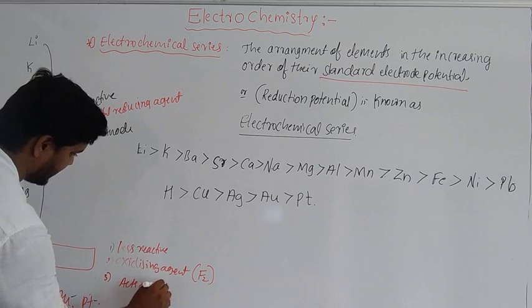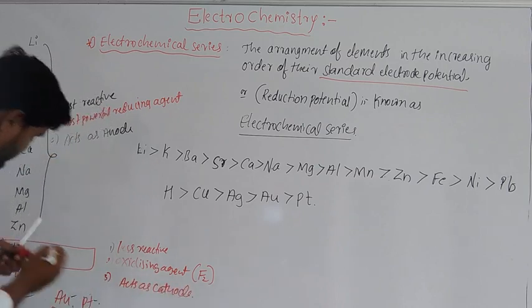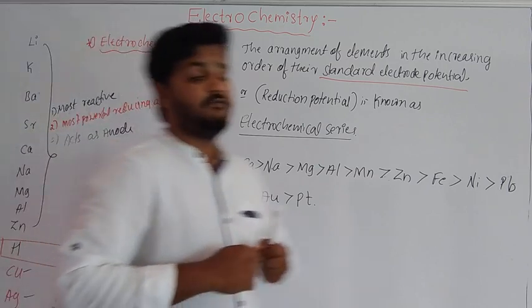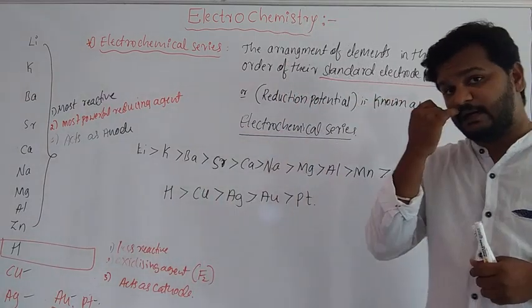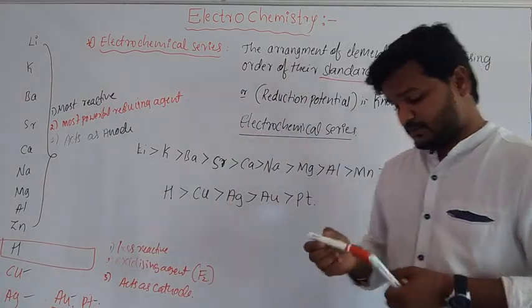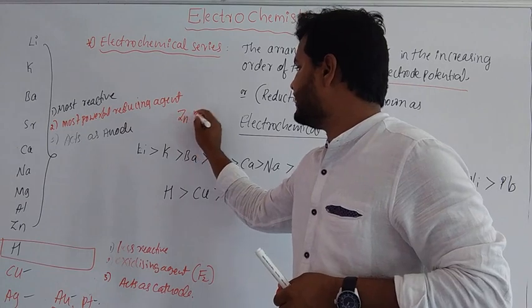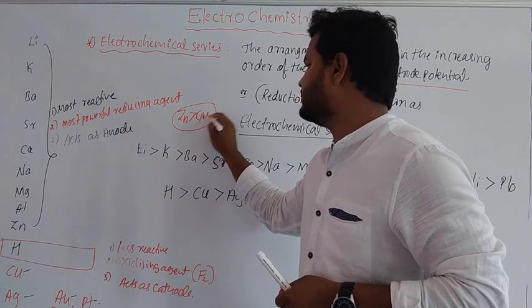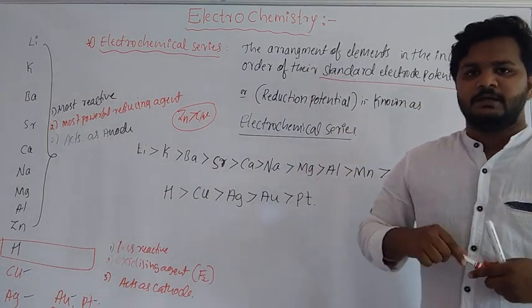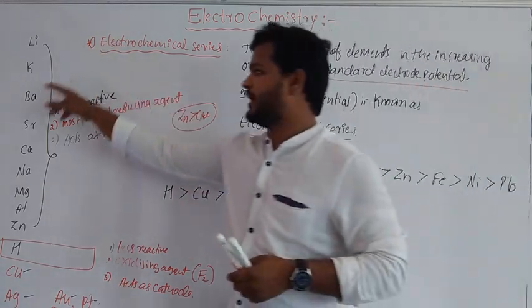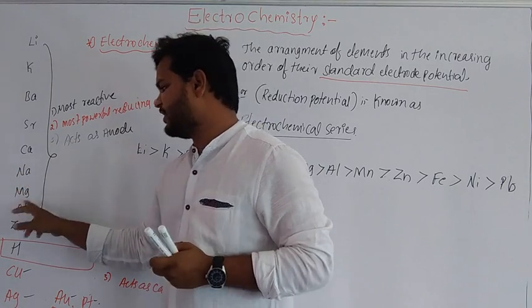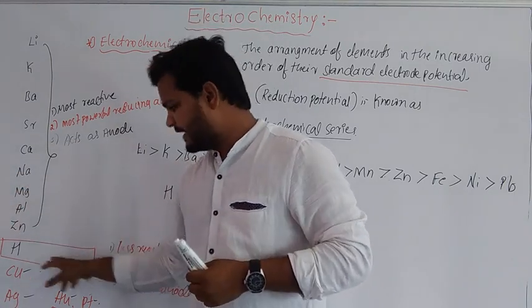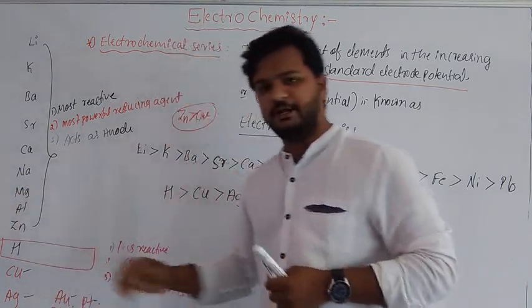Acts as a cathode. That's why in the first lecture I already explained zinc is more reactive than copper. Okay. So student, lithium, potassium, barium, strontium, calcium, sodium, magnesium, aluminum, zinc, and hydrogen, copper, Ag, Au, and Pt.